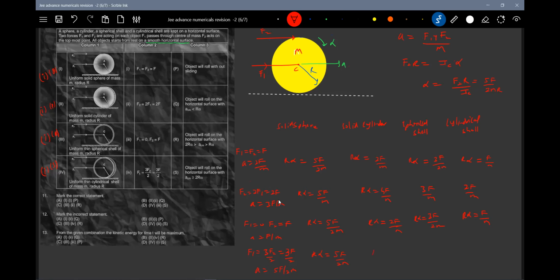R alpha will be 2F by M. R alpha will be 3F by 2M. This will be 2F by M. Now we have the data. Now we can compare. Troublesome problem. Very troublesome problem.